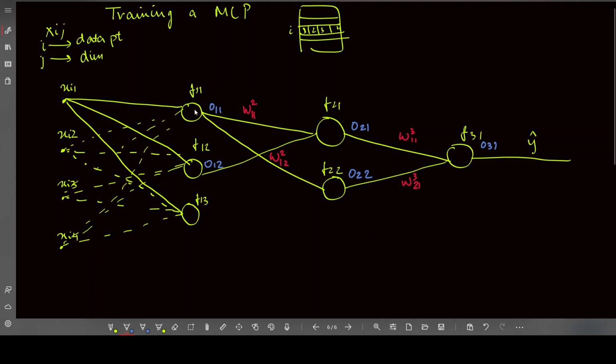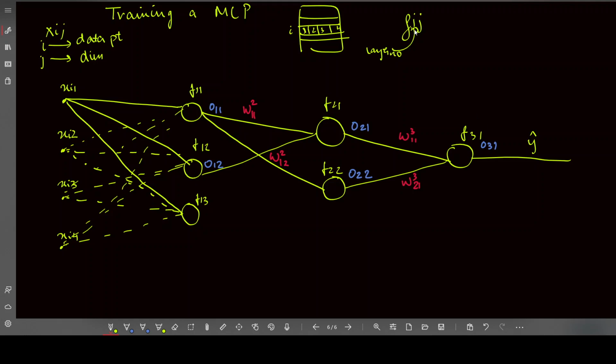It goes to the first perceptron. So I've denoted the activation function on the perceptron by f11. Now if I have fij, i basically tells the layer number. Okay, this is the first hidden layer, this is the second hidden layer, this is the third layer.